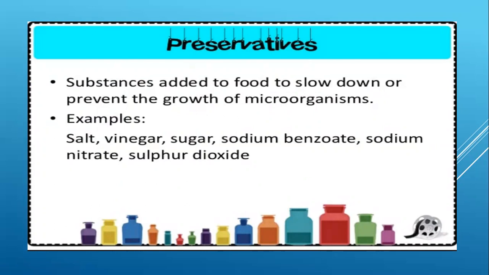Preservatives are substances or chemicals that are added in food to slow down or prevent the growth of microorganisms. Basically, these microorganisms make our food spoil. For example, preservatives may be salt, vinegar, sugar, sodium benzoate, sodium nitrate, and sulfur dioxide.